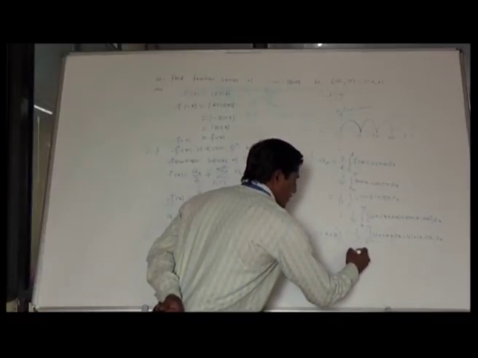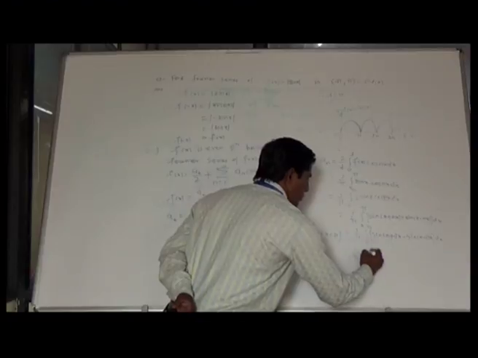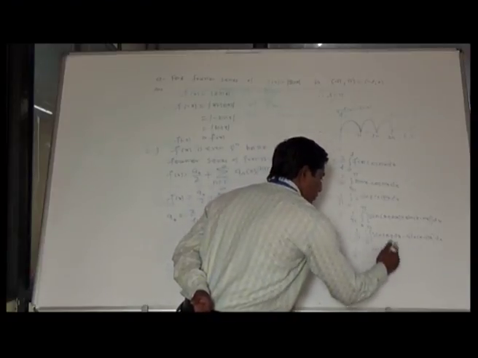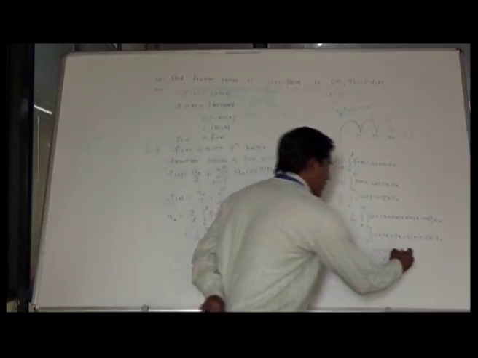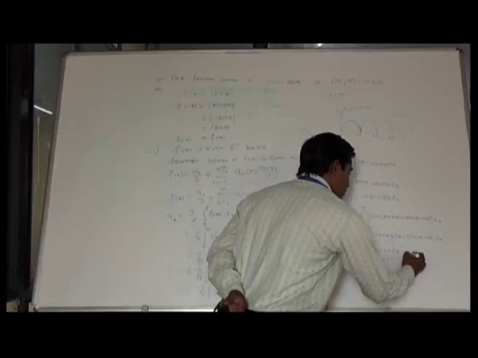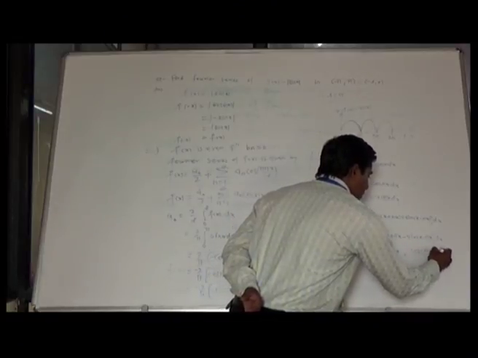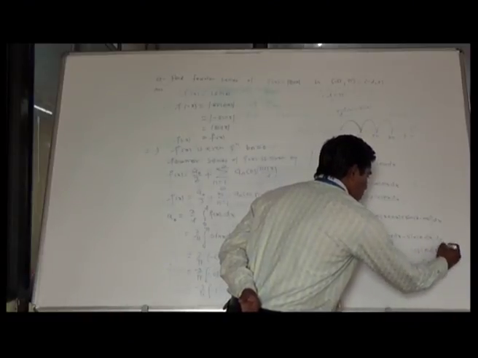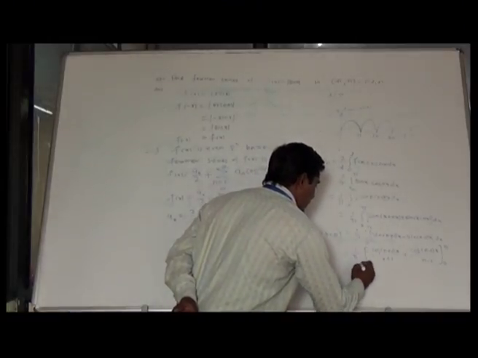Now the integral of sin: integration of sin is minus cos (n plus 1)x upon the coefficient of x, that is n plus 1, minus integration of sin is minus cos, it becomes plus cos (n minus 1)x upon n minus 1, limits are 0 to pi. It is the same as 1 upon pi.